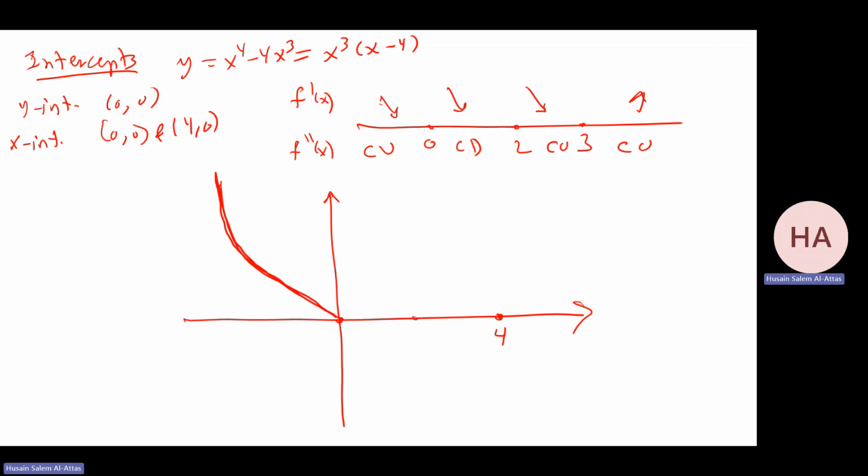Then from 2 to 3, it's concave up and still down. It will do something like this, up to 3. At 3, it will go down then up, concave up also. It will do something like this. But this is 4.